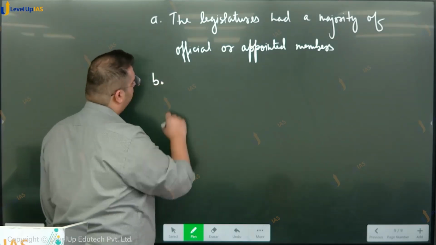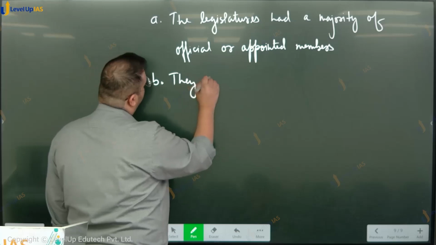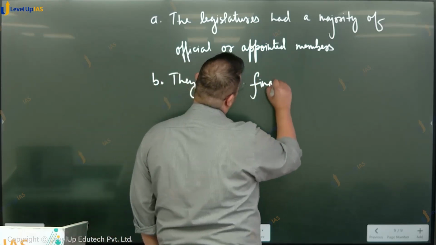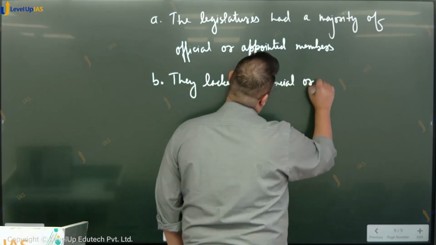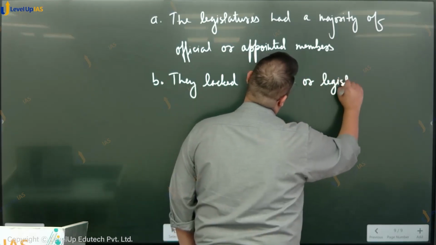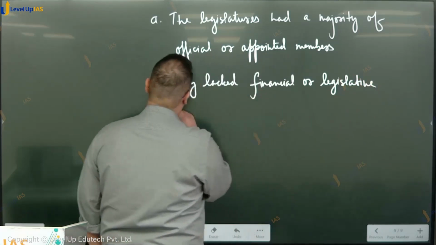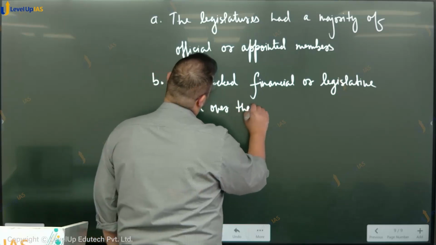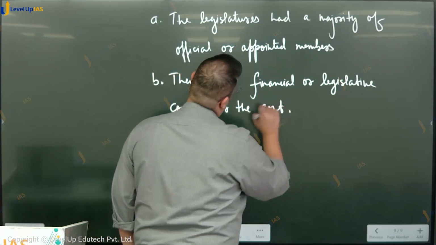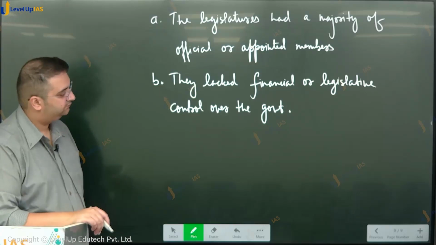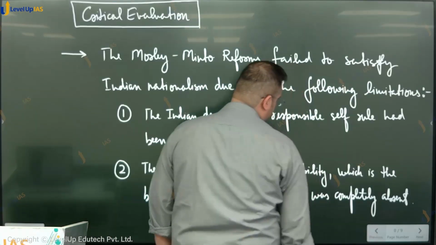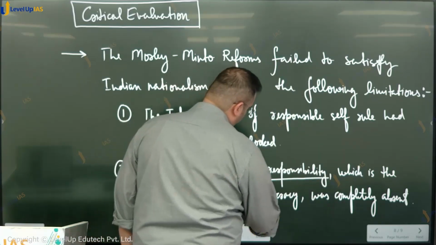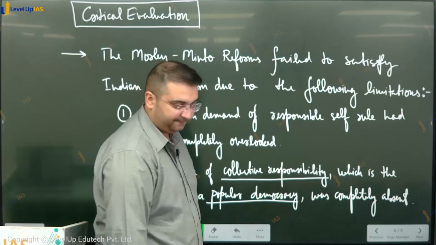And B, they lacked financial or legislative control over the government. So, since there was no collective responsibility, there is no question of popular democracy. ठीक है?